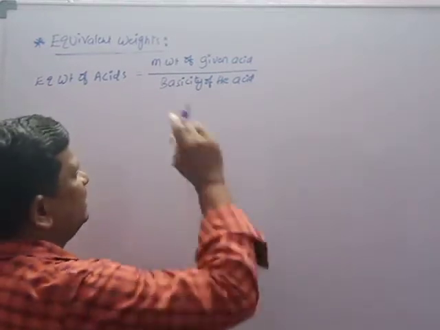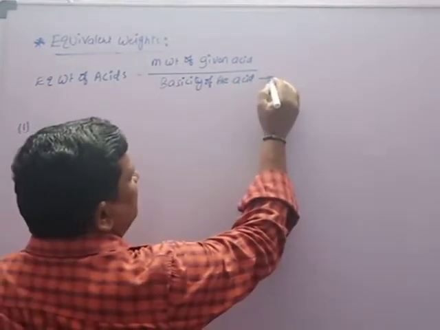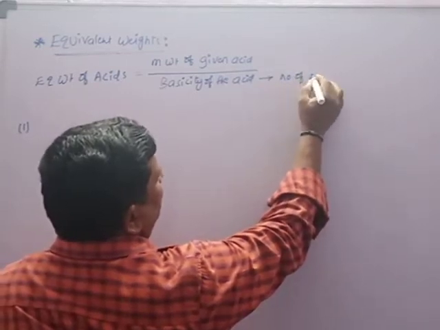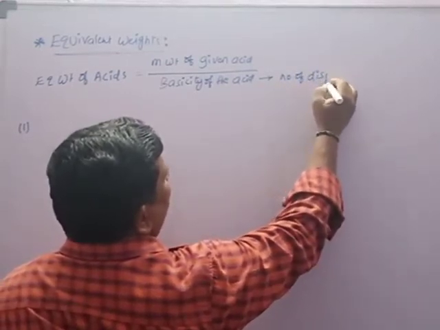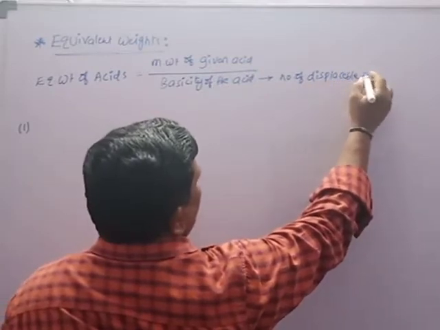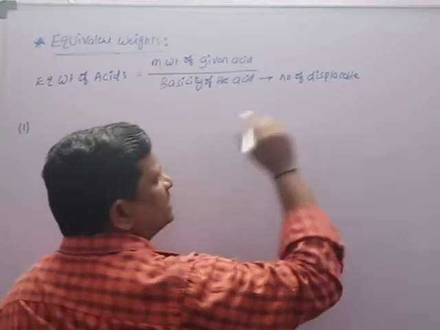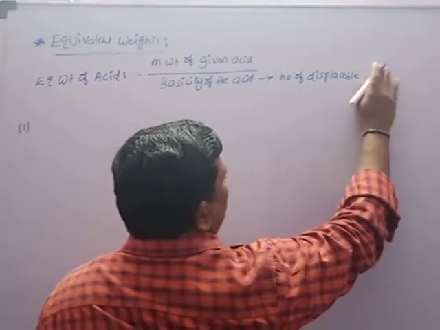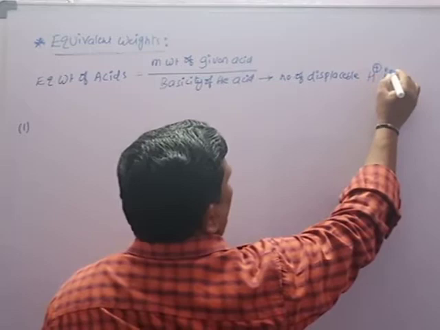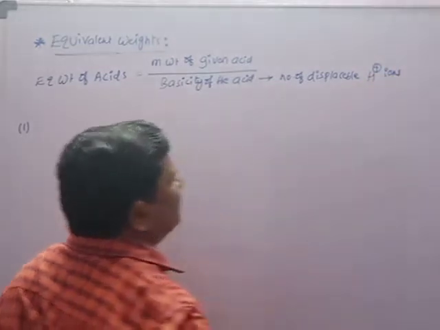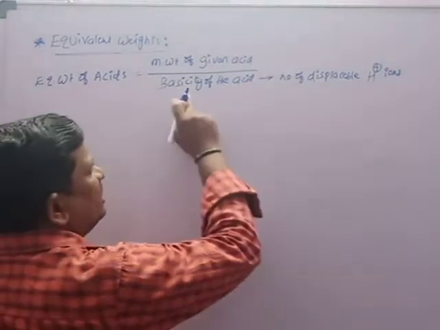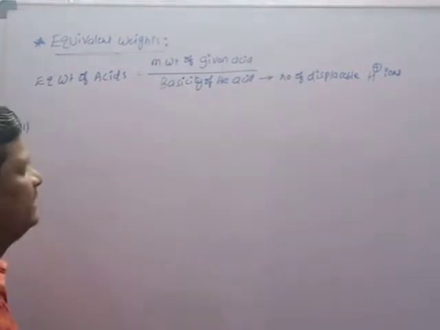Basicity means the number of displaceable H plus ions, hydrogen ions. The number of displaceable H plus ions is called the basicity of the acid.